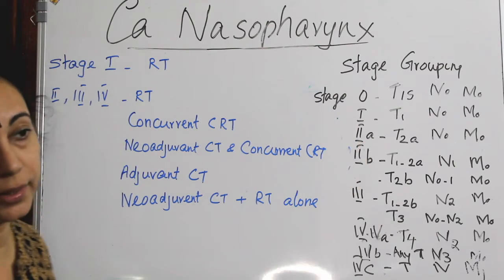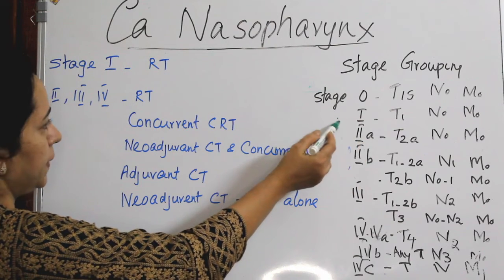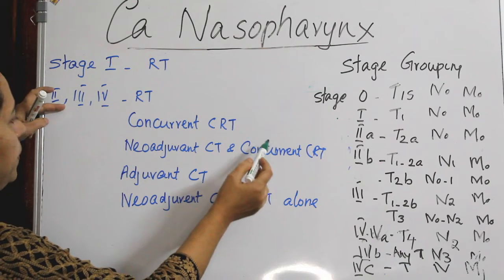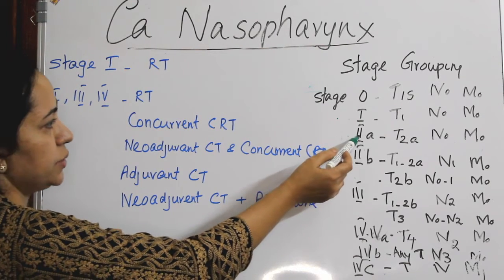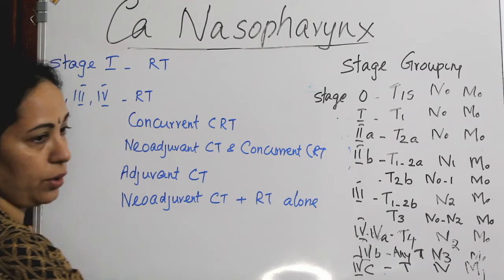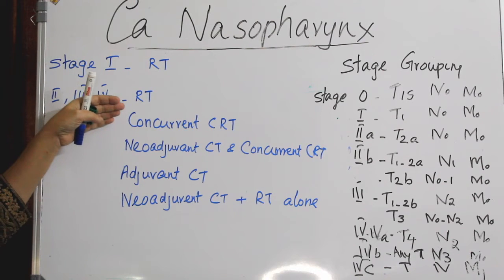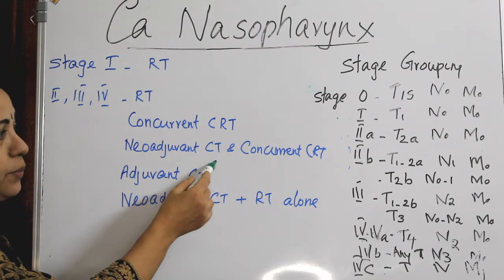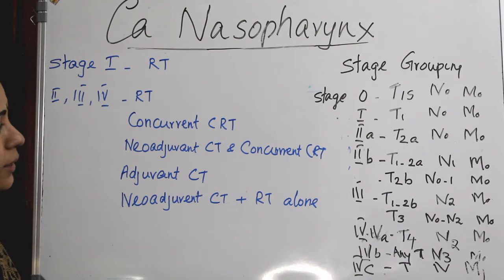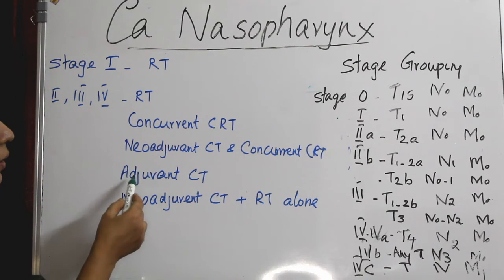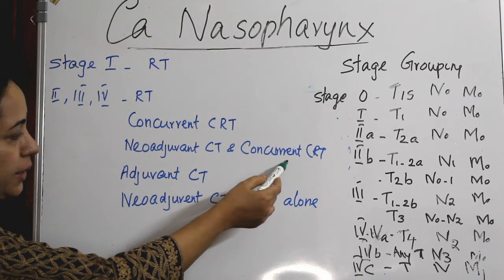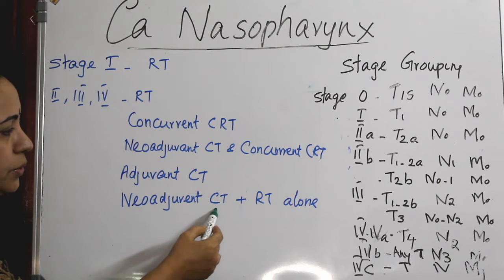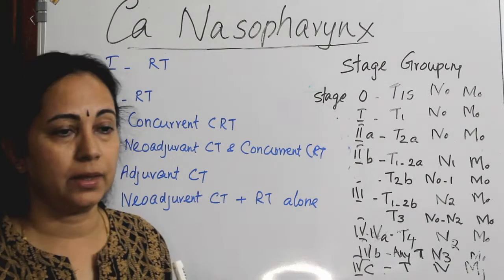So radiotherapy for stage 1 and stage 2A, and from stage 2B onwards, for stage 2B, 3 and all of 4, it is radiotherapy along with concurrent chemoradiation, neoadjuvant chemotherapy and concurrent chemoradiation, or concurrent chemoradiation and adjuvant chemotherapy, or neoadjuvant chemotherapy followed by RT alone.